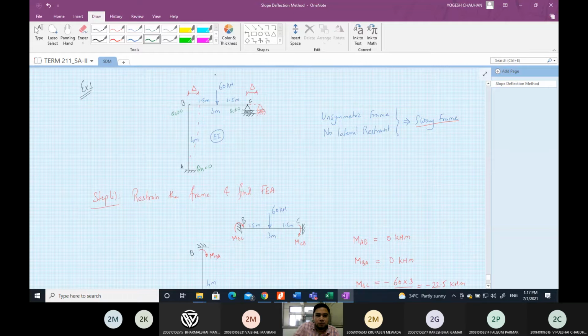So here we'll apply the modified slope deflection equation for far end simple, and for this member we'll use the standard slope deflection equation.